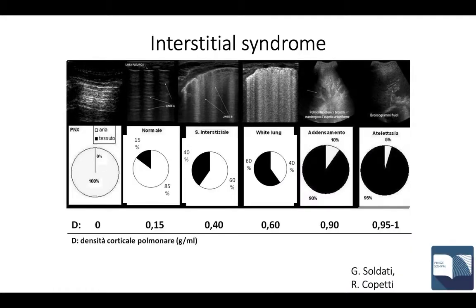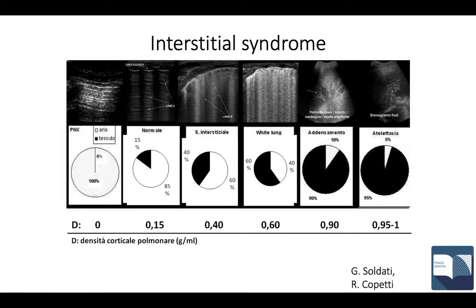Interstitial syndrome has to be conceived as an intermediate disventilation situation of the lung between the normal lung and the consolidated lung. So we have in the beginning single separate B lines that, as the disventilation goes on, become a white lung with the confluence of these B lines.